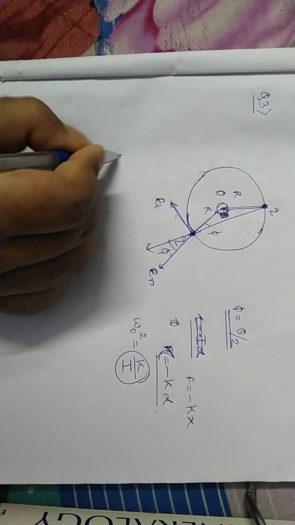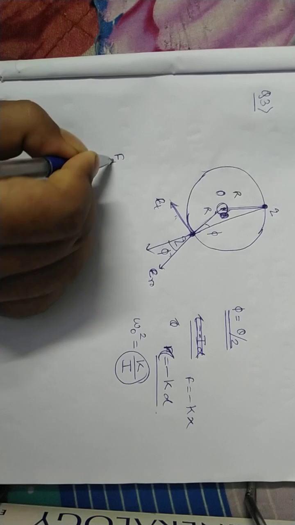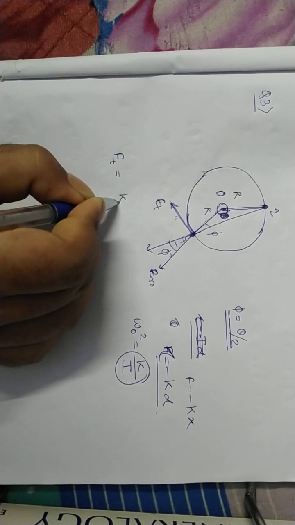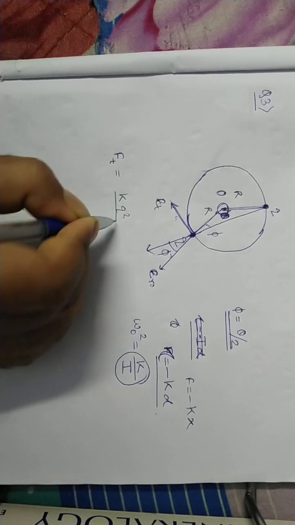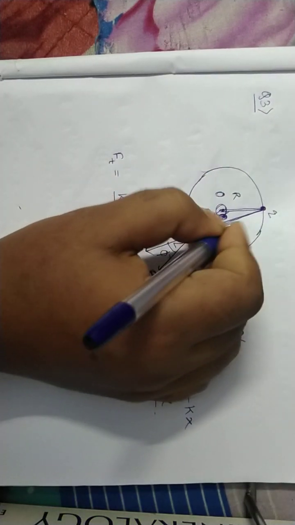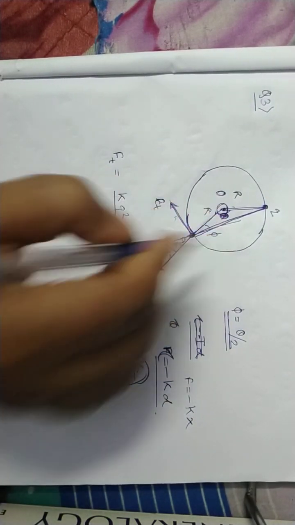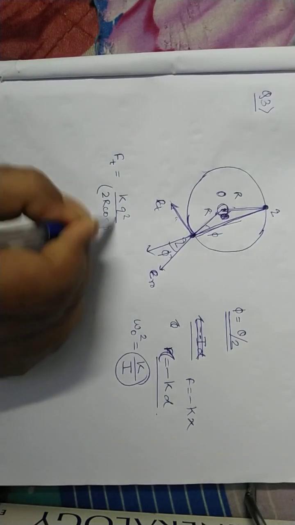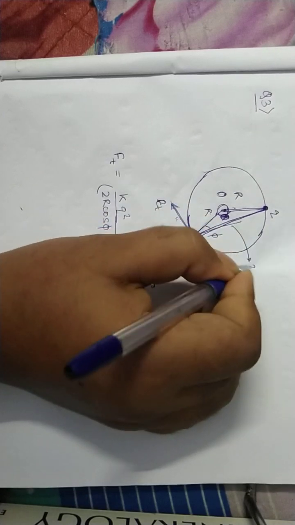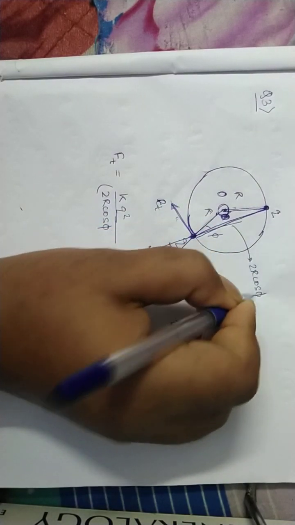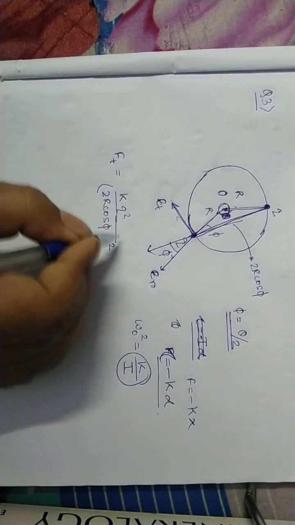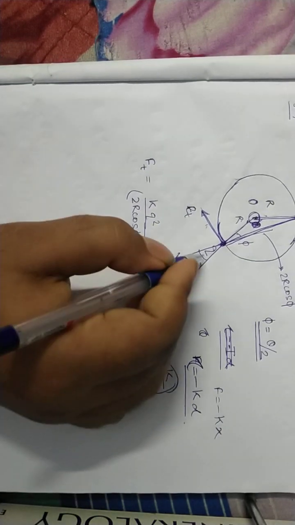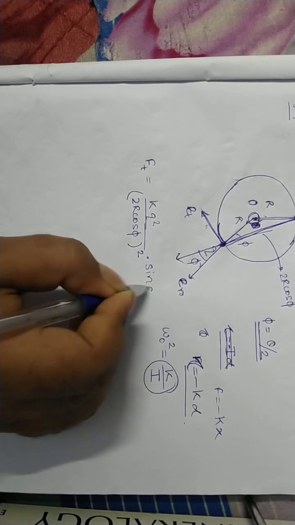Now the force in the tangential direction is equal to k q square by, this distance is r, this is 2r cos phi, you can easily verify, so k q square by 4r square cos square phi, into the component sin phi.